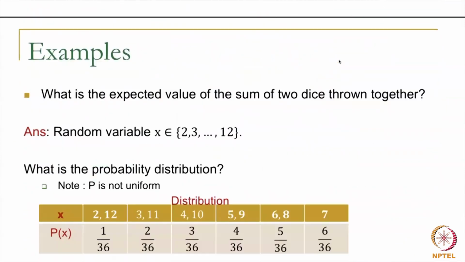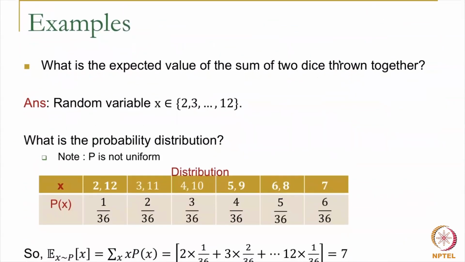So let's make the example slightly more complicated and have two. We can now look at the joint distribution and see how that affects expectation. Now let's take the case where 2 dice are thrown together. And once again, the random variable is X, and X has this sample space.